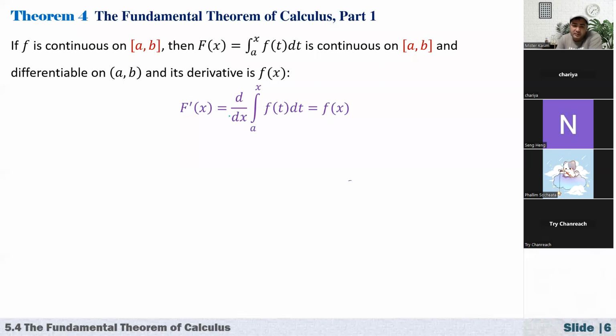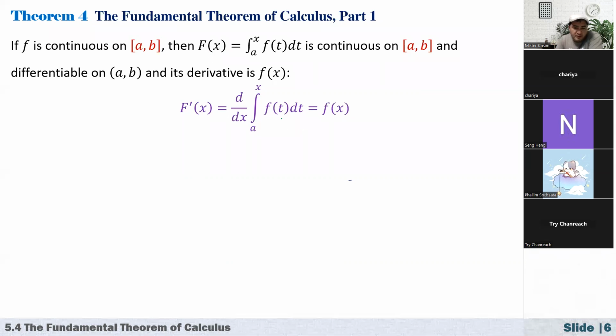So the theorem is saying two things. Number 1, it is differentiable, and we are labeling this definite integral by capital F of x. This F of x is differentiable, and its derivative is equal to the derivative of this definite integral.